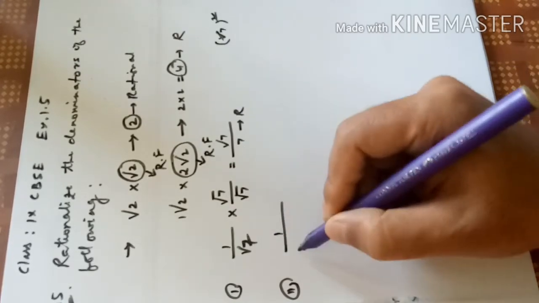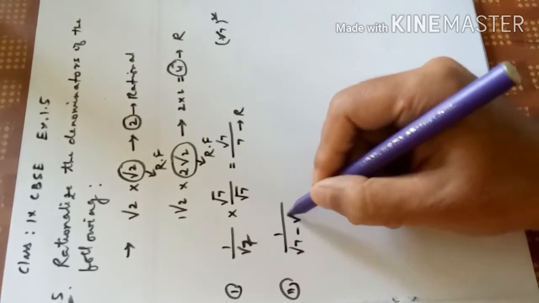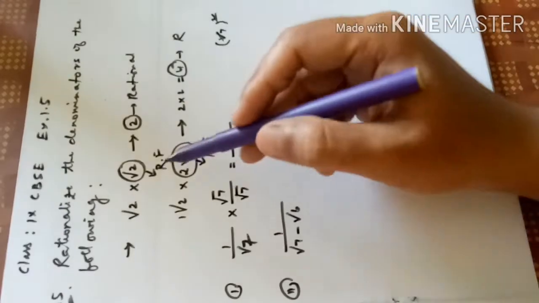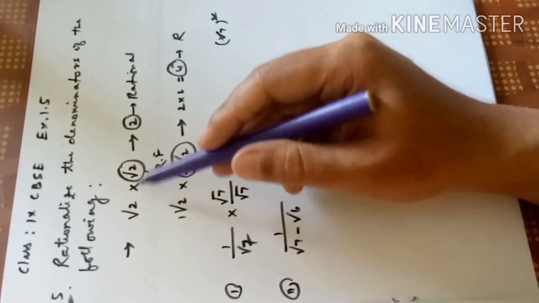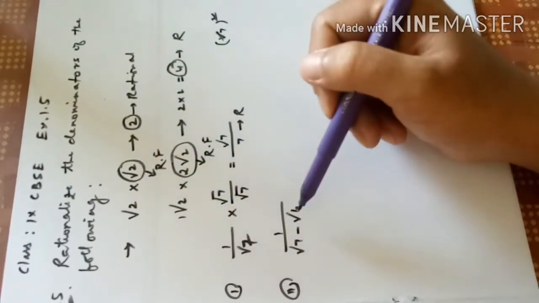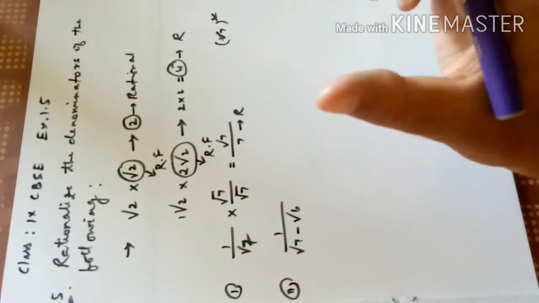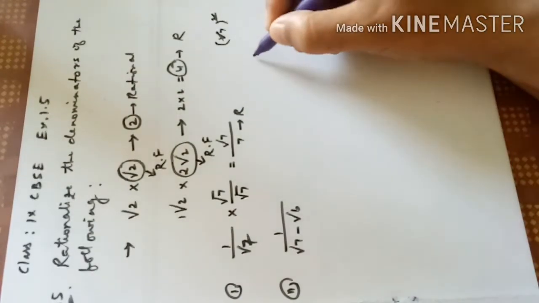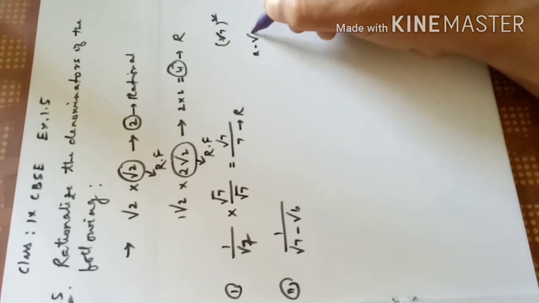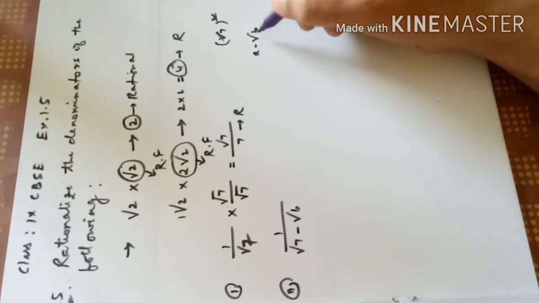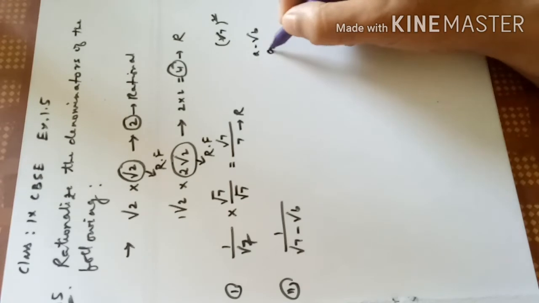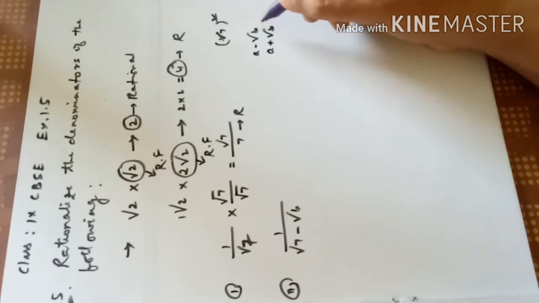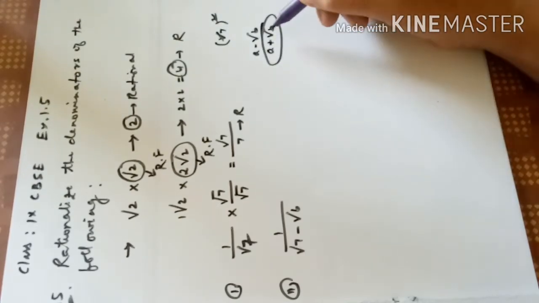1 by root 7 minus root 6. Here we were discussing only a monomial. When a binomial like this comes, what to do? You have to multiply by the same numbers but with a different sign. For example, if a minus root b is given, two numbers are there. If you want to make it rational, you should multiply by a plus root b. This number is called the conjugate.